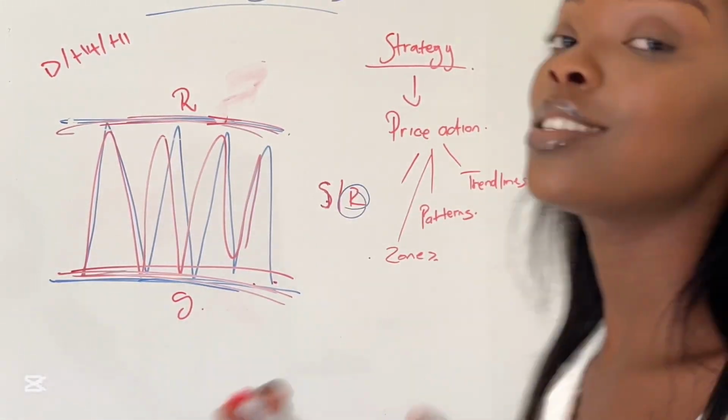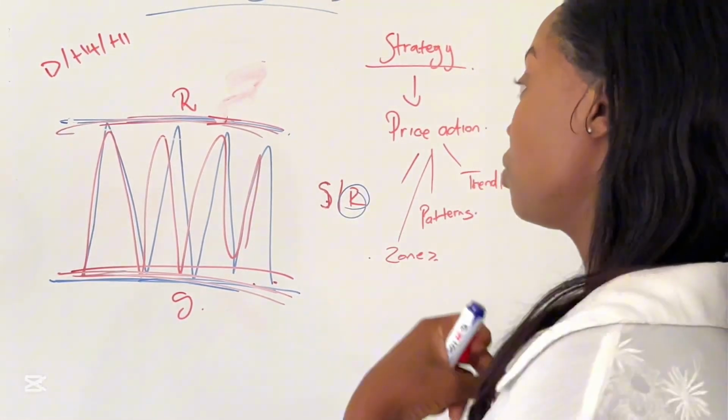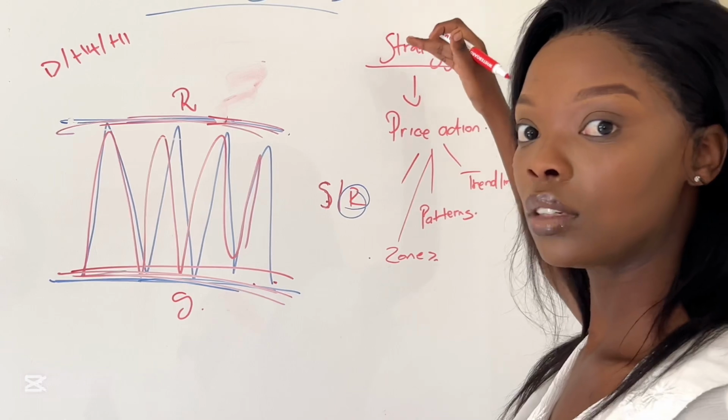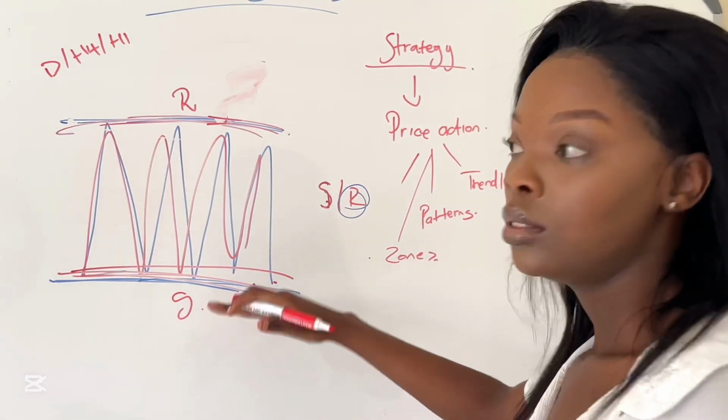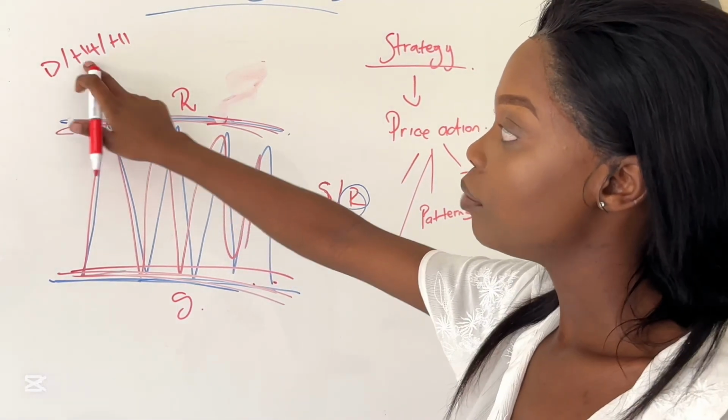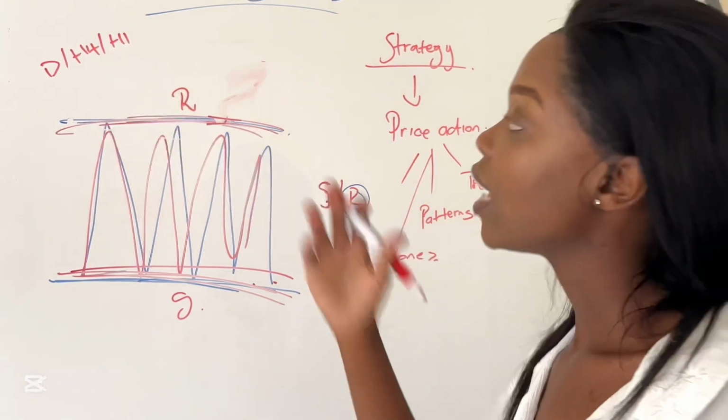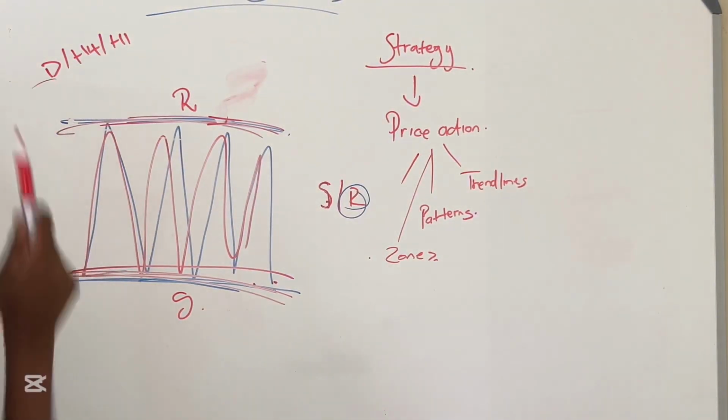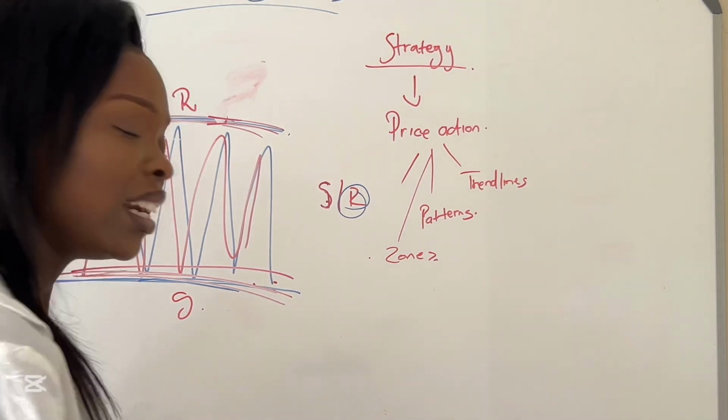So just tilt the screen of your phone, draw your highest level, draw your lowest level on your daily time frame, your H4, your H1, whatever time frame works for you. Someone will say daily is too quiet for them, and it's normal.